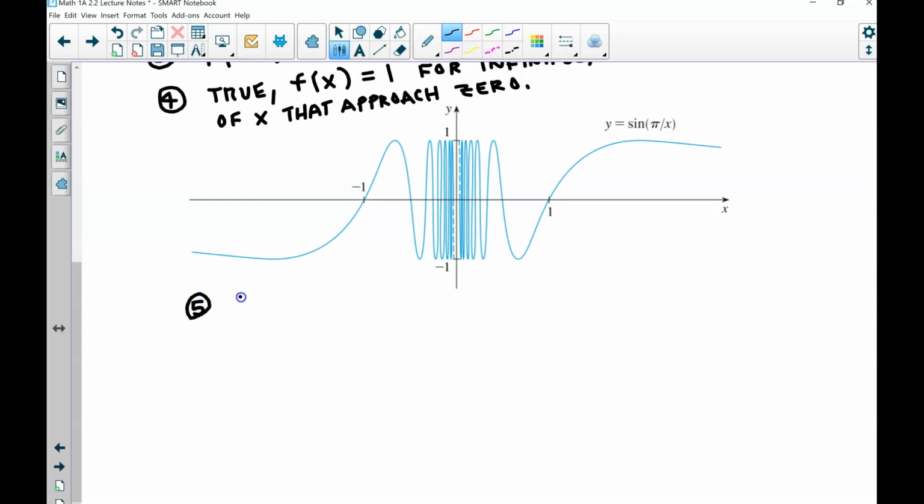So we would say that the limit as x approaches 0 of the function sine of pi over x does not exist. And sometimes we just abbreviate that as DNE for does not exist.